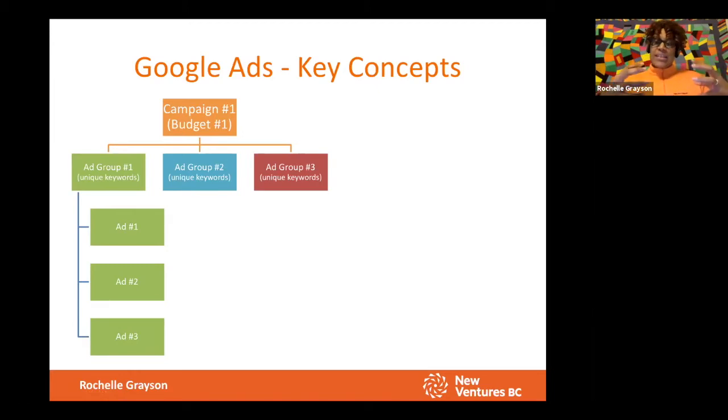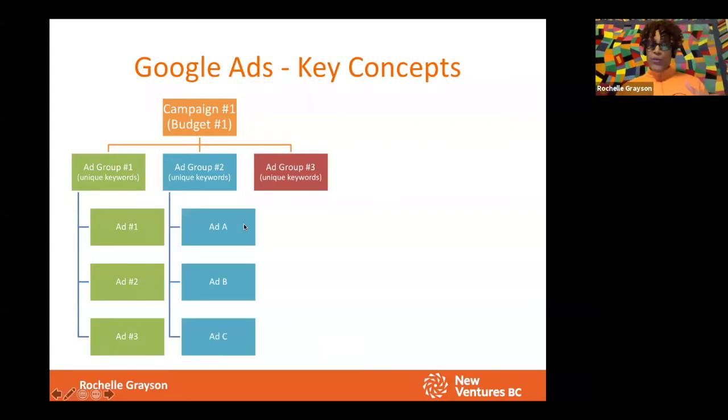So for that ad group, let's say this is Nikon, I want to have 3 different ads in this case. It doesn't have to be 3. It could be 1, it could be 2, it could be 10. You decide. Then you can play with the words and see which ad performs best for Nikon. You can then repeat this for your second group, which we had said was Fujifilm.